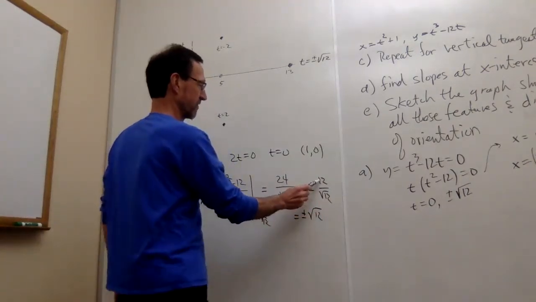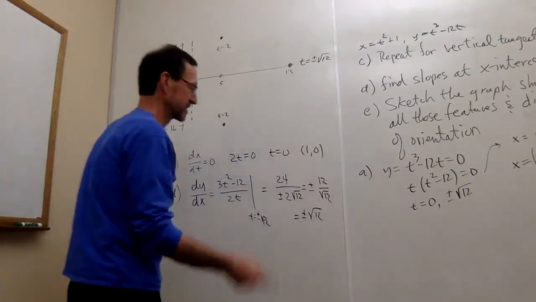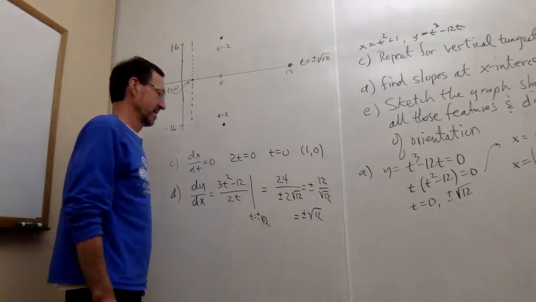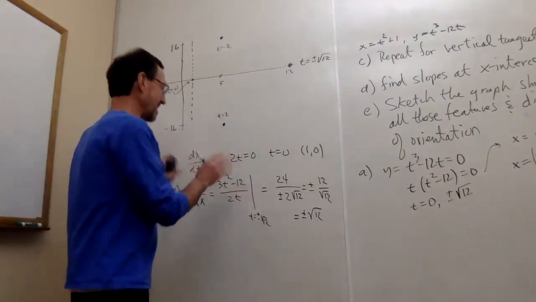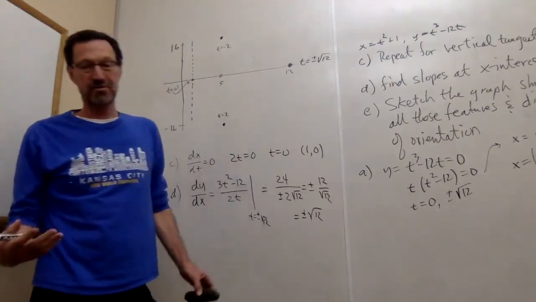This is the square root of 12 squared. Cancel one of them out. So the slopes at the intercepts are plus or minus the square root of 12.